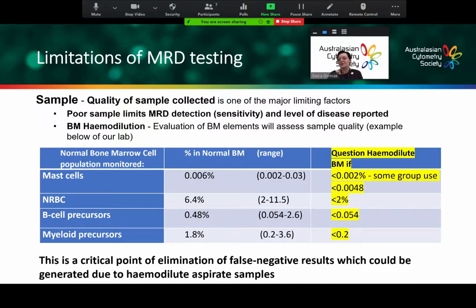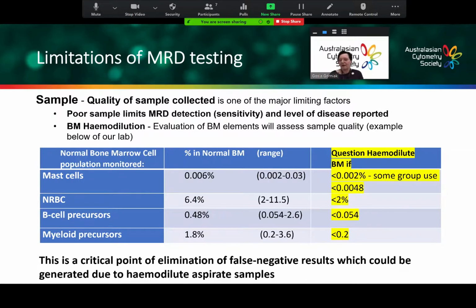There are more populations that can be assessed, but in the gating you have to look for the hemodilution. So this is a critical point in eliminating false negative results, or, as I said, the sensitivity of the test in those samples.